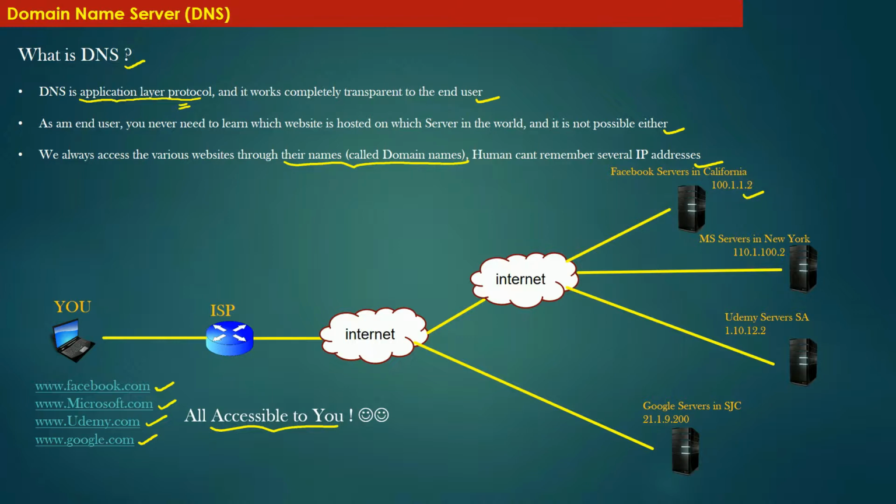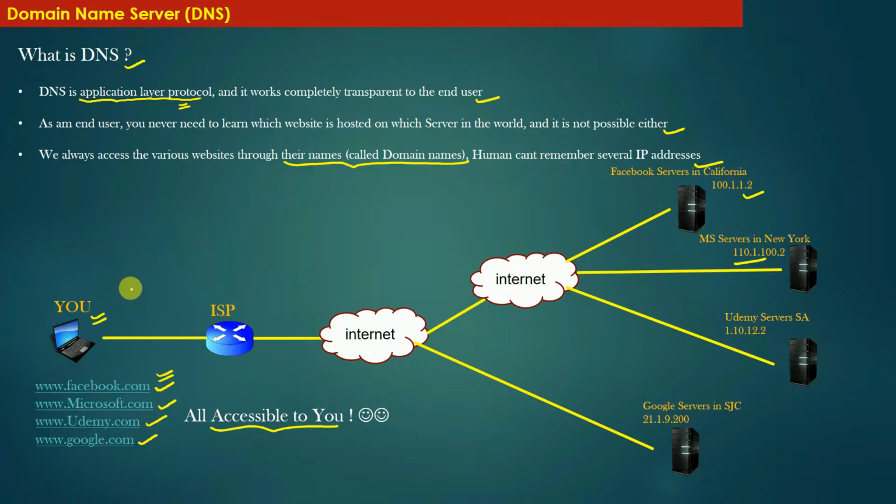Similarly, did you ever configure your system that whenever you access the website www.microsoft.com, please go to the IP address 110.1.100.2, right? You never configured your system to do this. So you can see that you are actually able to access all the public websites in the world using their domain names.